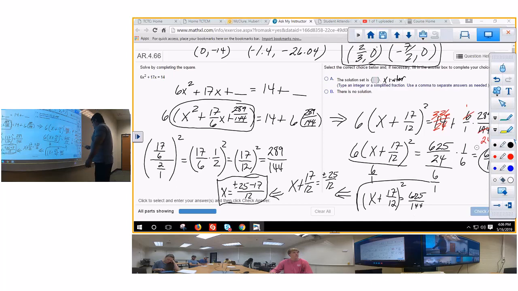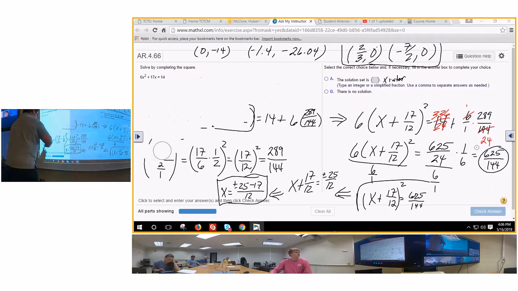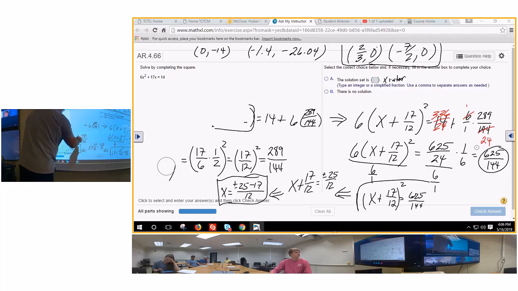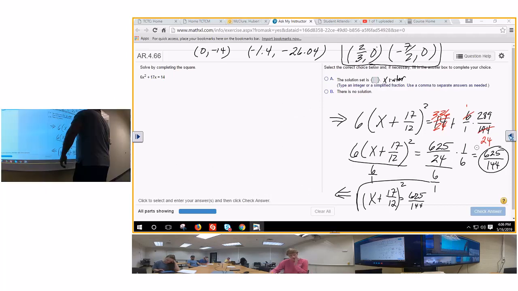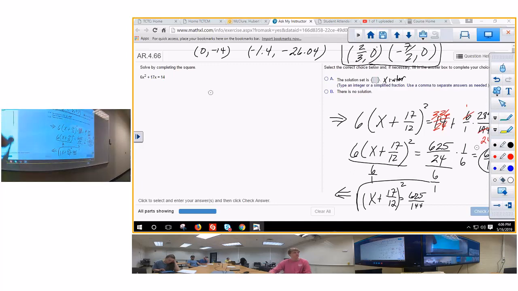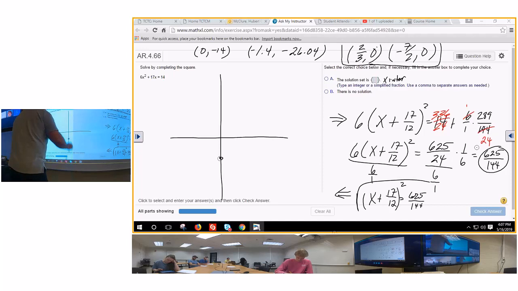So I'm going to take my handy dandy eraser and erase all of this, and draw a big graph. The point 0, negative 1/4 and negative 26 is down here. We've got 2/3, which is 0.67, and we've got negative 3.5.